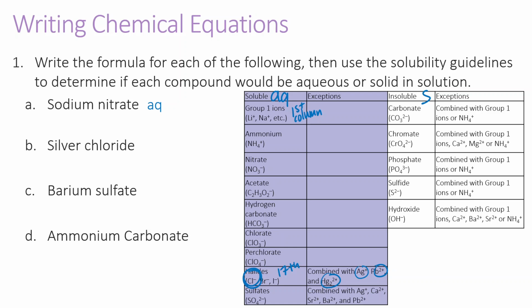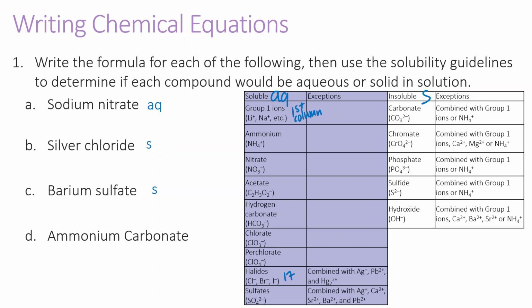So since this is silver chloride, it's going to be a solid. Next, we have barium sulfate. So the sulfates are all the way down at the bottom here. Sulfates are usually soluble, except when combined with barium. So barium sulfate is going to be solid as well.